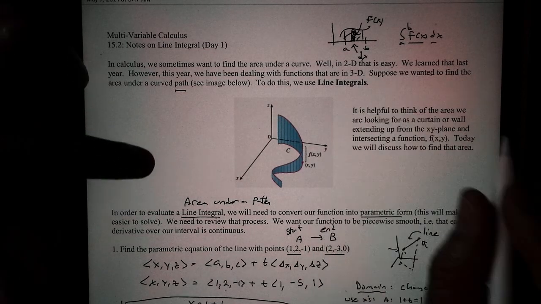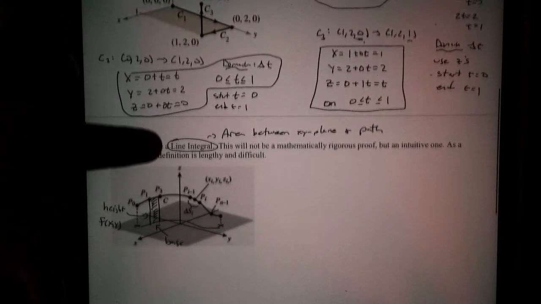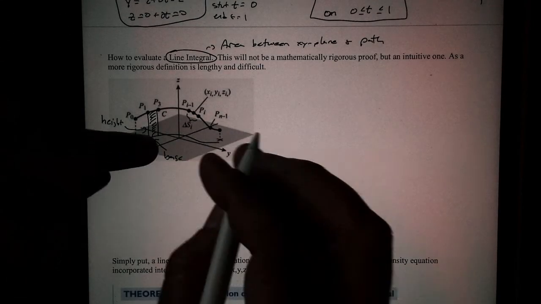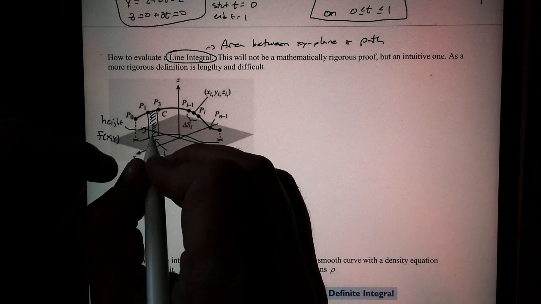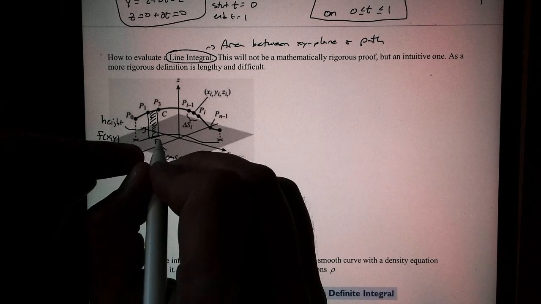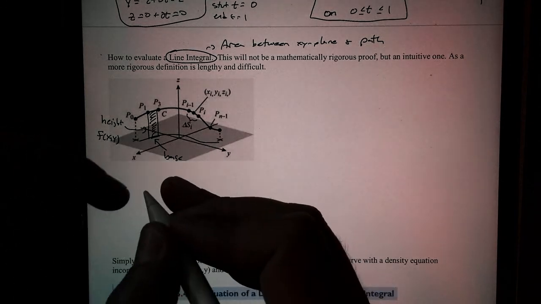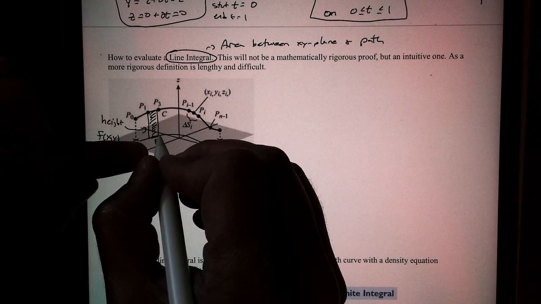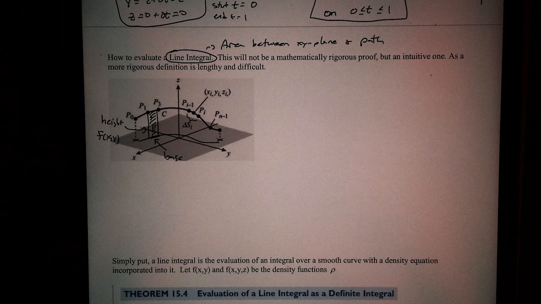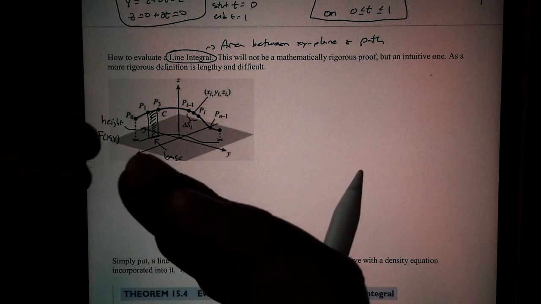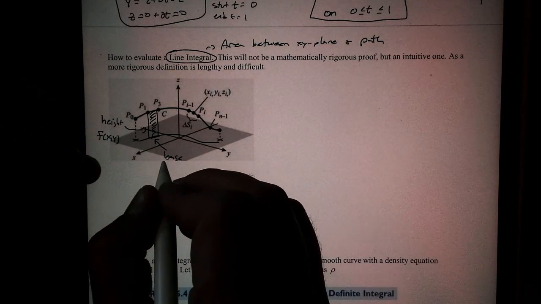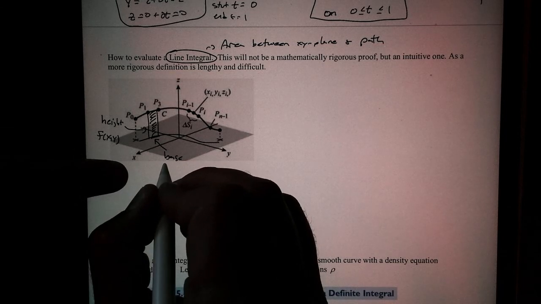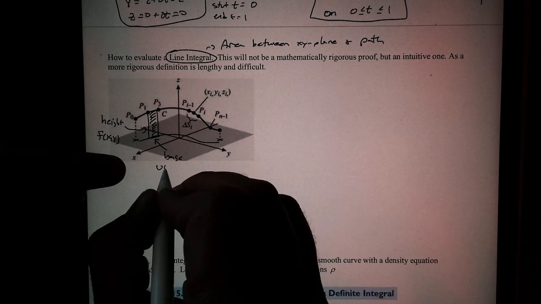The problem is, when we get to more than one dimension, like the three dimensions we have here, our base isn't so simply in terms of x. Our base is in terms of both x and y. There's a change in x and there's a change in y, and it's more difficult to deal with in terms of x and y. So this is why we're going to work with parametrics. For the base, we're going to use parametrics.